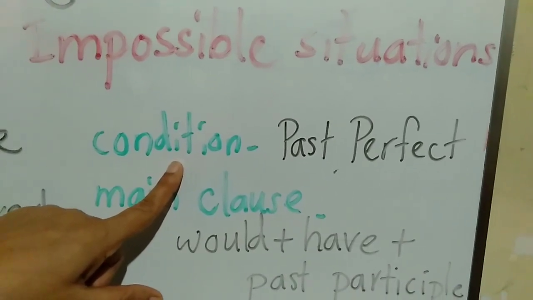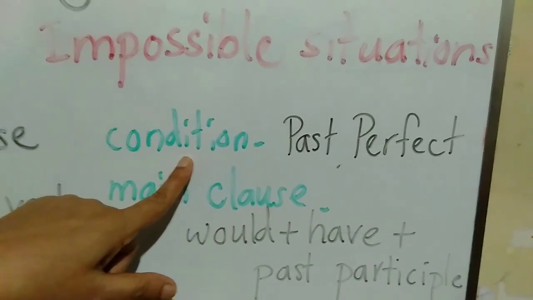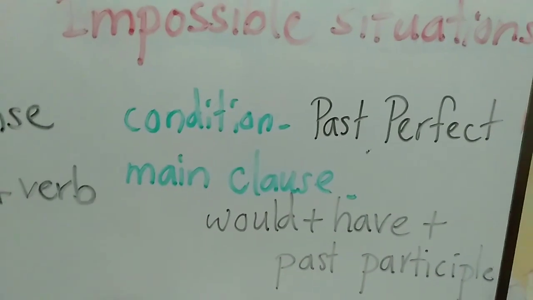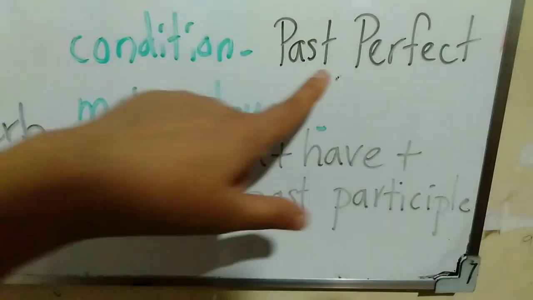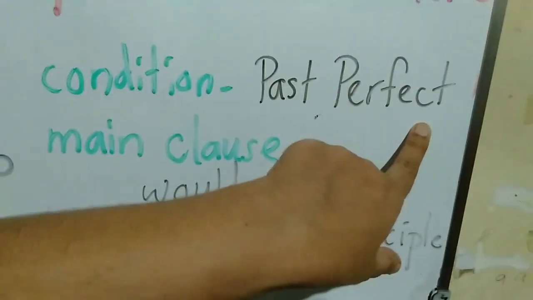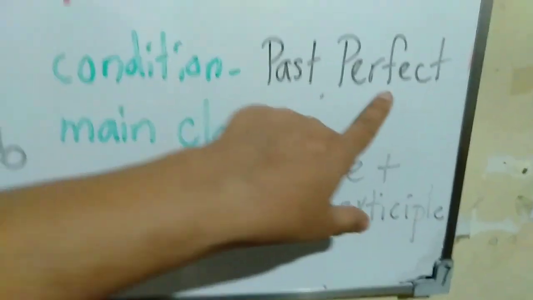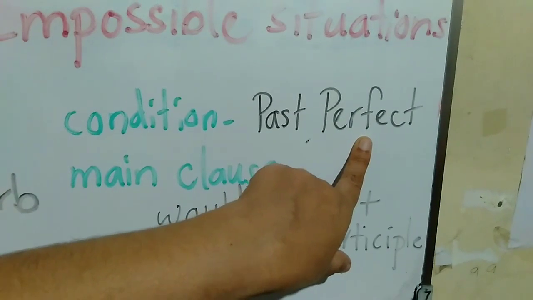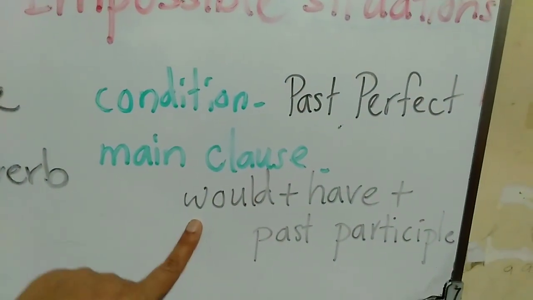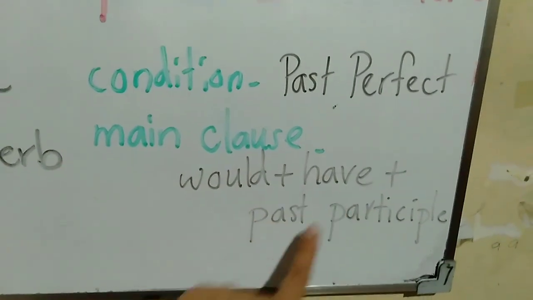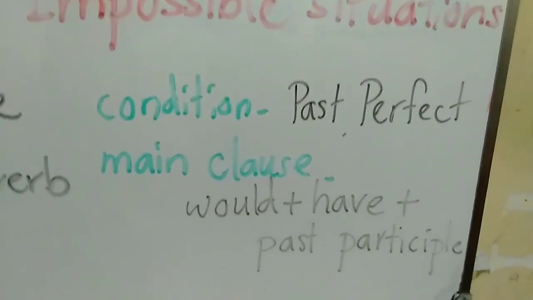We do not know what will happen. Here the if conditional clause is in the past perfect. Past perfect, you remember, is had plus past participle. When we come to the main clause, would plus have plus past participle.